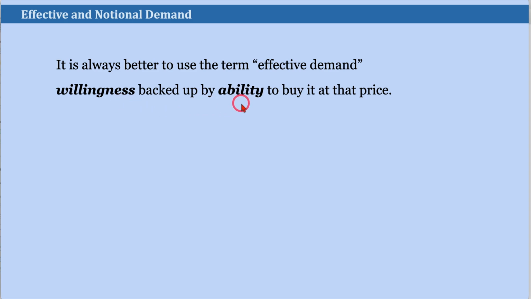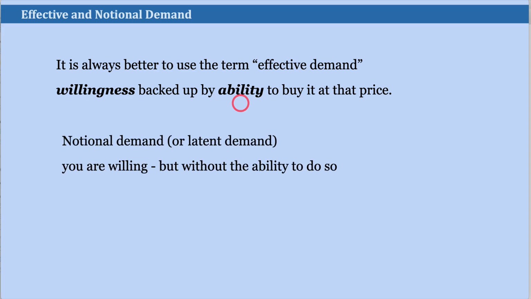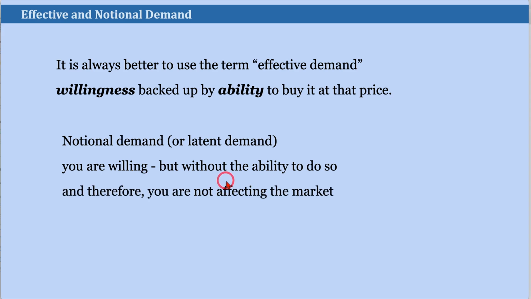But you've got to have the ability, and so therefore, what happens if you haven't got the ability? Well, we call that notional demand. So you're willing, but you haven't got the ability, and really you're not affecting the market. So I might be willing to buy a Ferrari at £150,000, but I don't have the ability, so I'm not really affecting the price. I have some notional demand, but not effective demand. Okay, so make sure you understand and you use these concepts, willing and able.